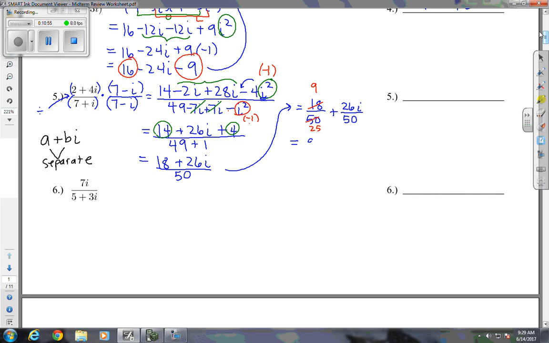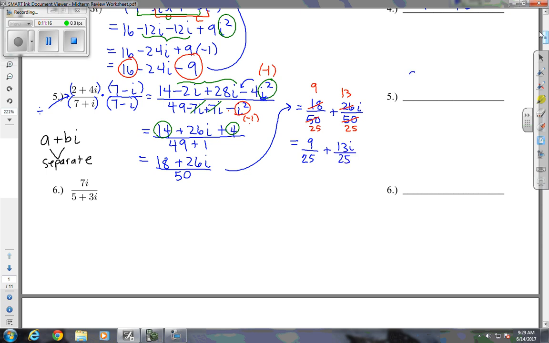So my real part is 9 over 25. Working on a common factor of 2 in that second fraction, 26 divided by 2 is 13. 50 divided by 2 is 25. So my second fraction becomes 13i over 25.